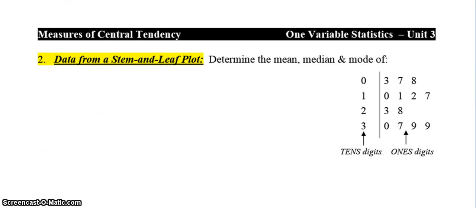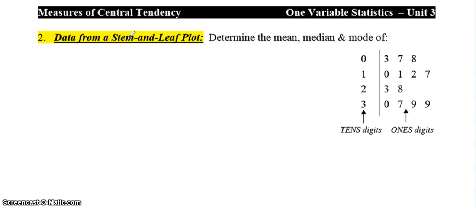The next example shows data that is taken from a stem and leaf plot. With this stem and leaf plot, the number in front of the vertical line is the tens digit, and all of the numbers on the right of the vertical line are the ones digits.